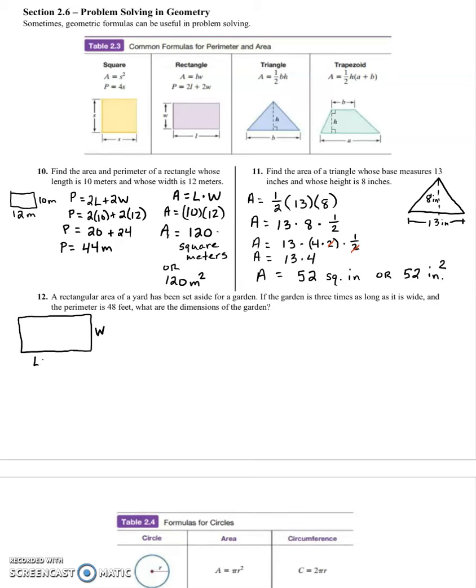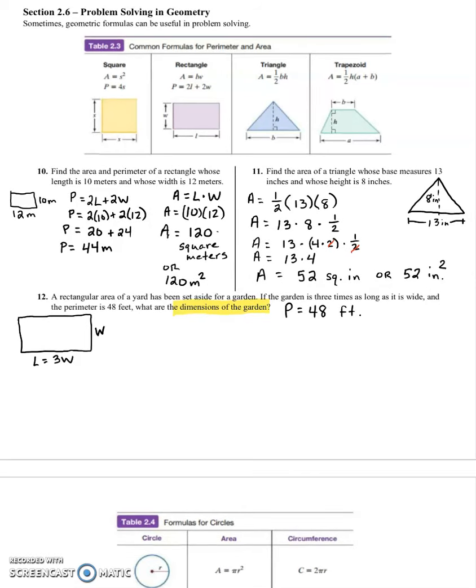So its length is 3W. It says the perimeter is 48 feet. So we know that P equals 48 feet. And it wants us to find the dimensions of the garden. That means we need to find the length and the width.